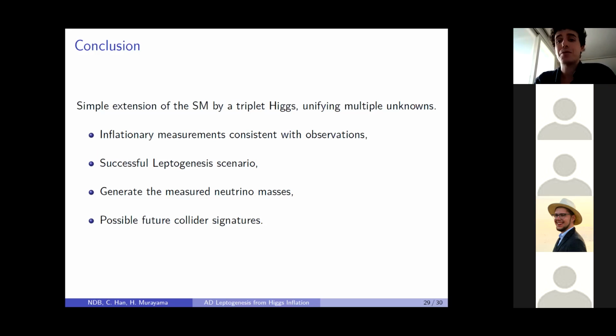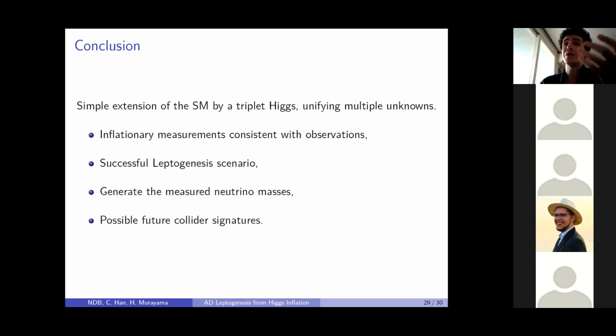The leptogenesis is fairly easy to achieve in this scenario, which is different from the usual triplet Higgs scenario with the type 2 Seesaw mechanism. The triplet Higgs also, when it takes its VEV, can give us the neutrino masses. So we can solve all these things with just the triplet Higgs.